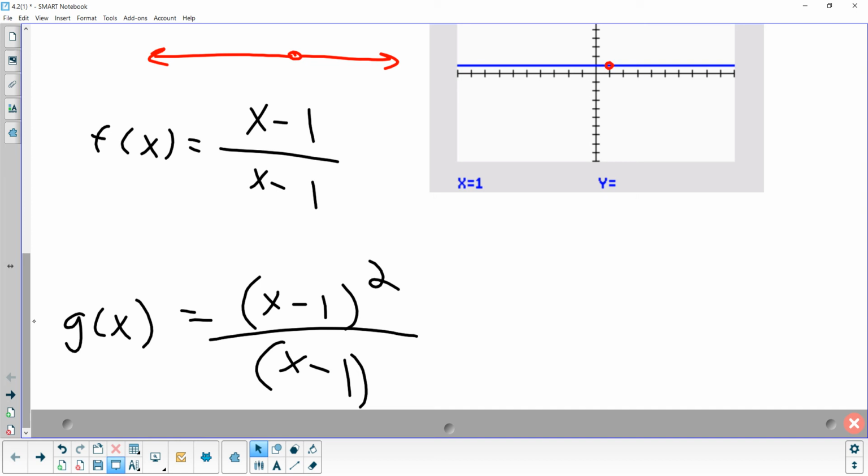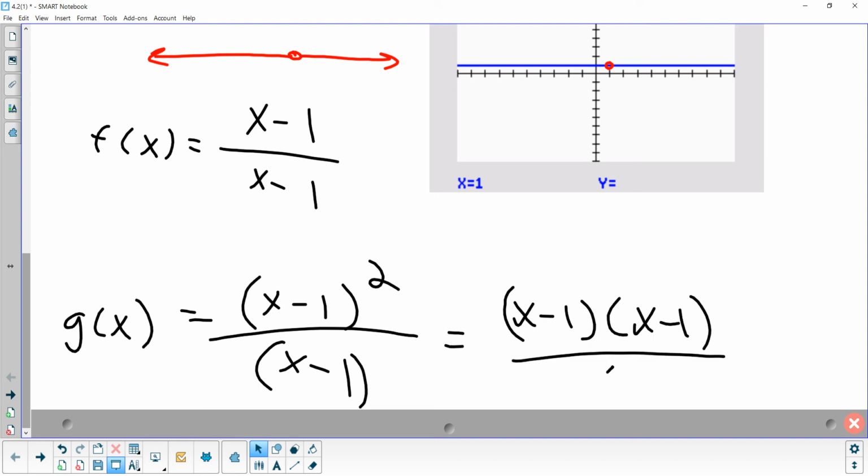Yep. Because you could factor out x minus 1 from both sides. So if you write the top out, it's x minus 1 times x minus 1. And in the bottom, we have x minus 1. All right, so keep going. What does all this mean? So you'll be able to factor it out.